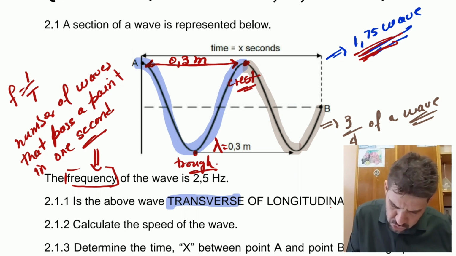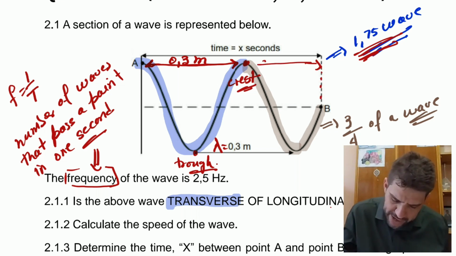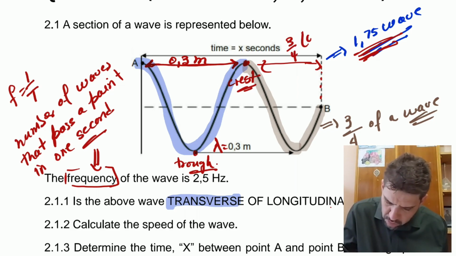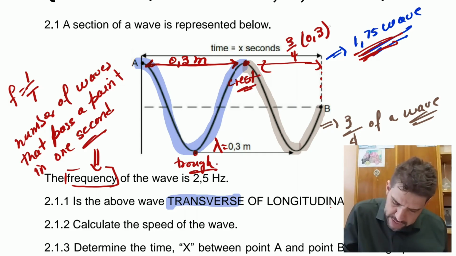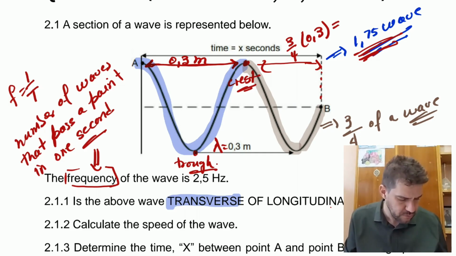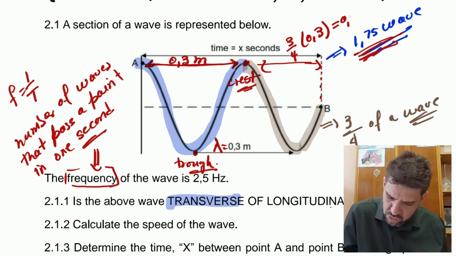So from that point to here, what we have is 3/4 of 0.3, because 0.3 is one wave, and that is 3/4 of a wave. So this one is going to be equal to, let me just calculate, 3/4 of 0.3, you get that it's 0.225. So this one is 0.225 meters.